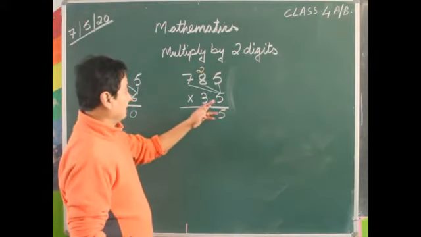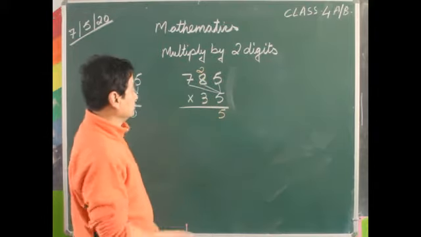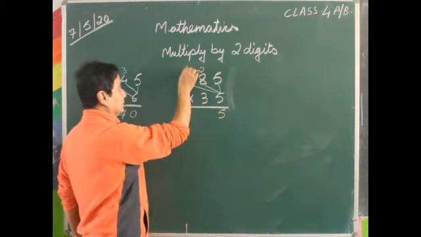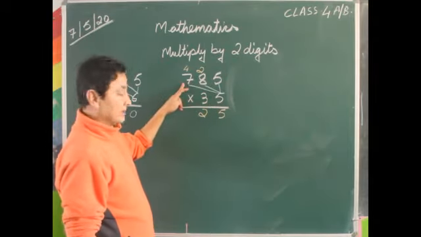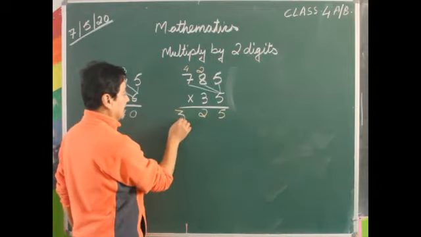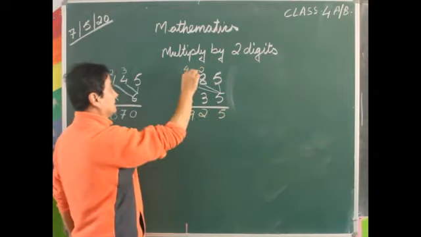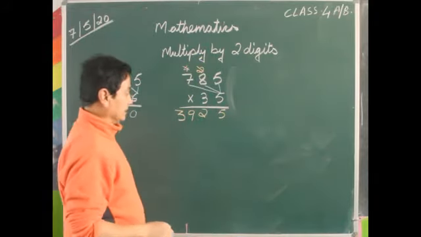Then we multiply 5 and 8. 5 8s are 40 plus 2, 42. 5 7s are 35 plus 4, 39. Now let's cross out these carried numbers so that we won't get puzzled.